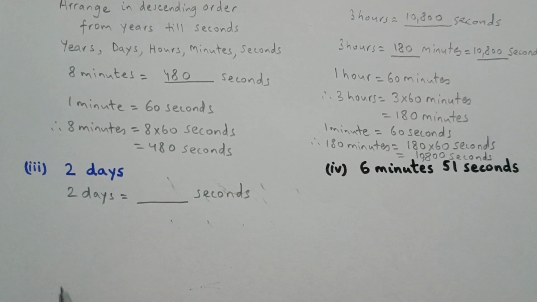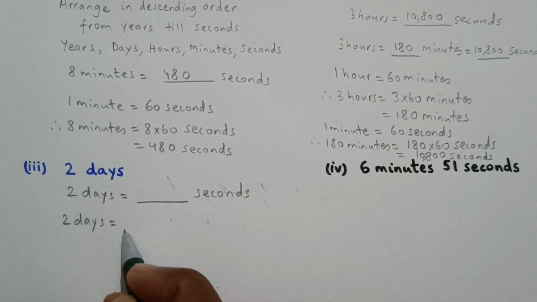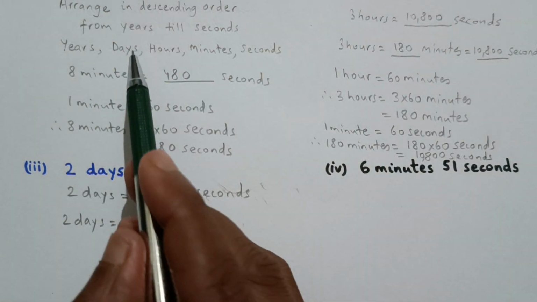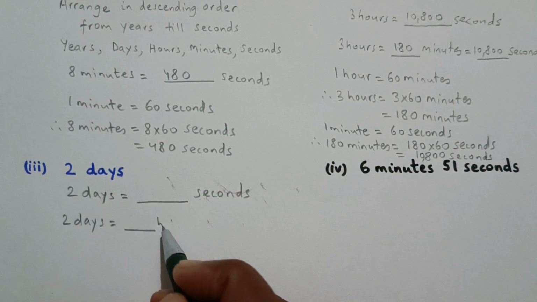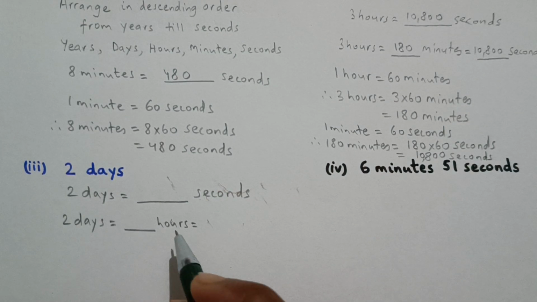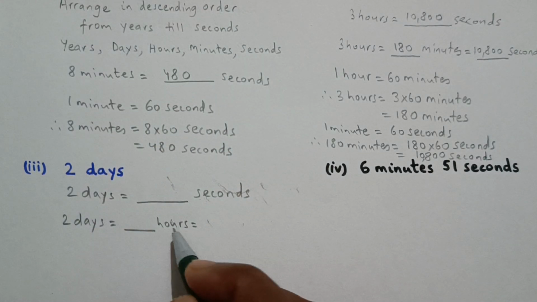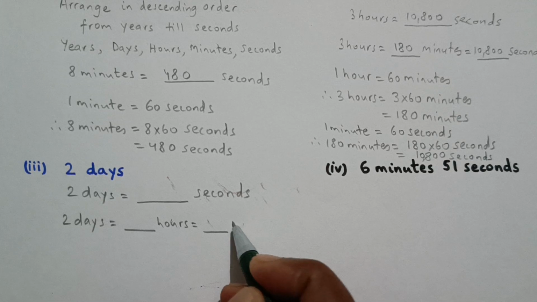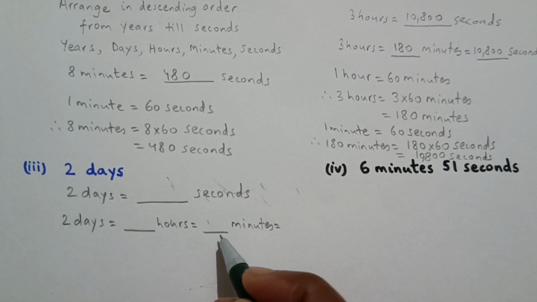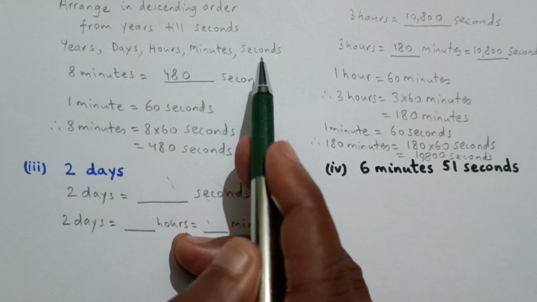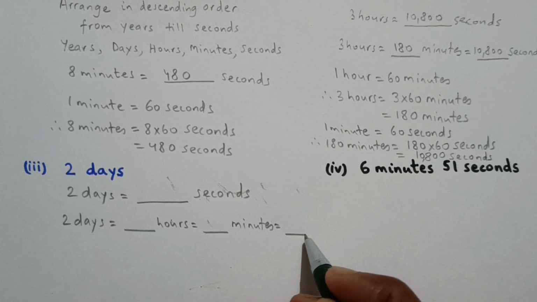Therefore 2 days is equal to how many hours? Then those hours have to be converted into minutes. So these many hours is equal to how many minutes? And then those minutes have to be converted into seconds. So these minutes is equal to how many seconds?